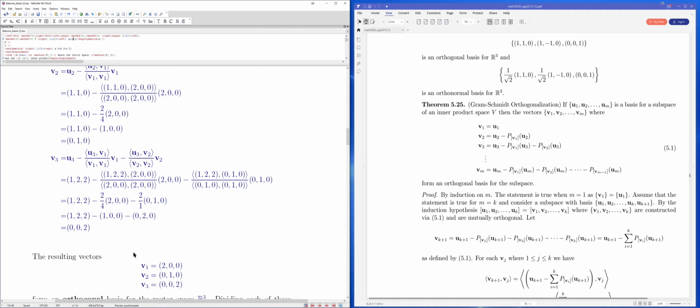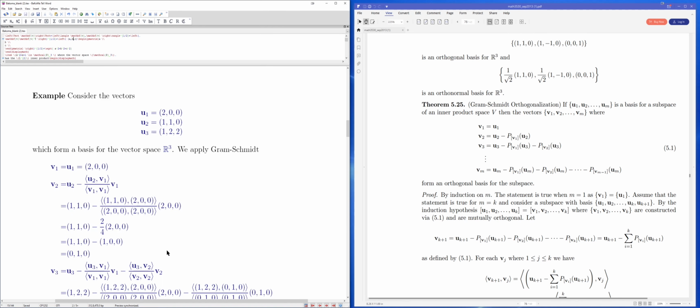And the v1, v2, and v3 would in fact be orthogonal. So this is an example of what Gram-Schmidt is doing for me.